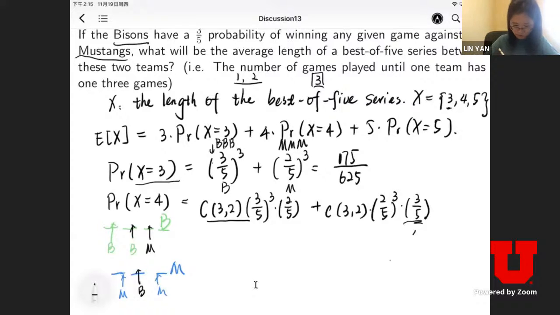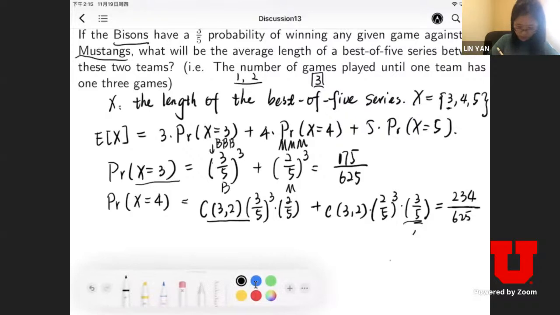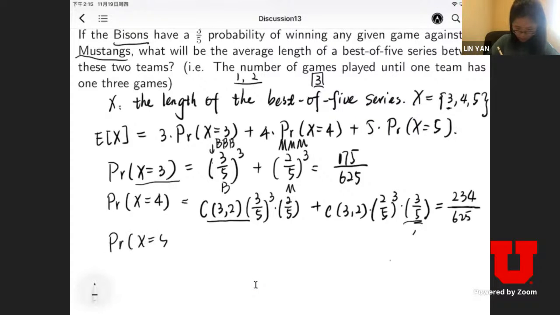Any questions so far? And similarly, we can calculate the probability of when x is equal to 5. And still, if Bisons win the game, we should choose 2 from 4.